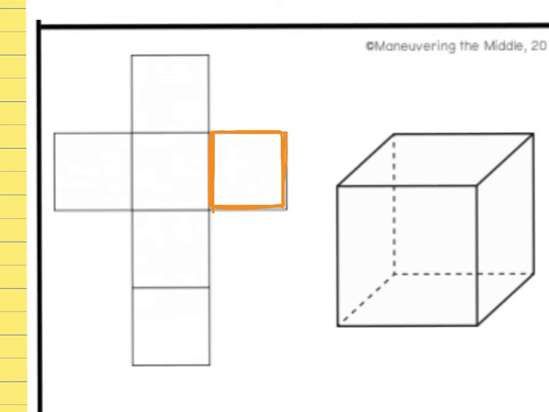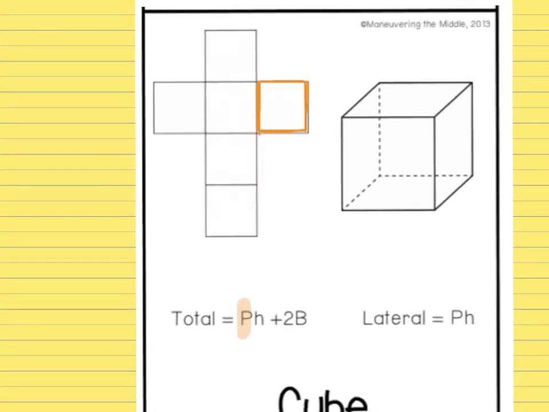The next piece, it says capital letter H, or lowercase h, so sorry. Lowercase h is the height of the prism, so it's the line connecting the two bases. So that would be this much. And then capital letter B, area of the base, would be here.